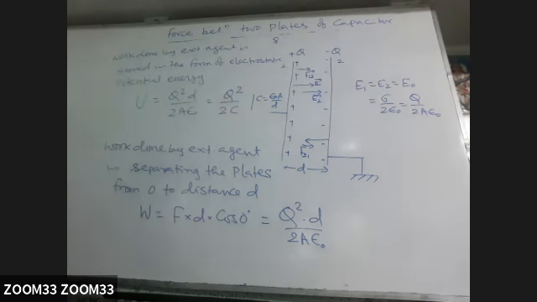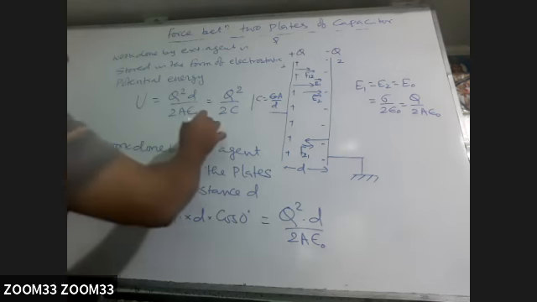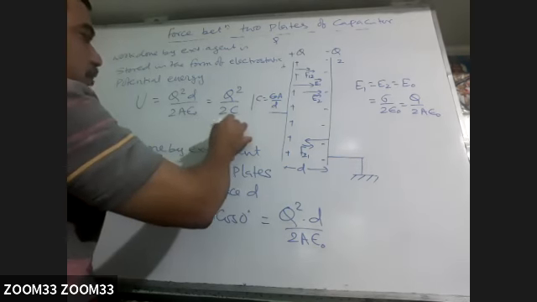It can be expressed in other forms also. As we know, Q is C into V, so it can be changed into that form also. It can be equal to half CV squared.